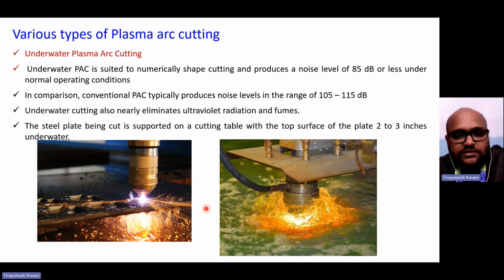And finally plasma arc machining, where the metal is melted and the molten metal is removed from the cutting zone, generally either by the flow of gas or by the flow of water. And last but not least, ion beam machining, that is the assignment, a very small topic only.